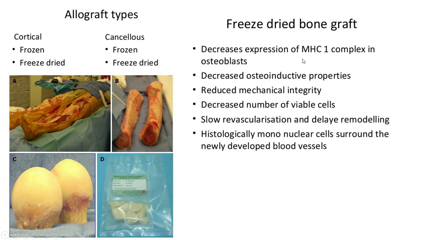But by doing this freeze-drying, what we can get is low immunogenicity. That is very important because there is no need of any HLA matching, no need of any special processing or tests. We can use this human bone in any human.